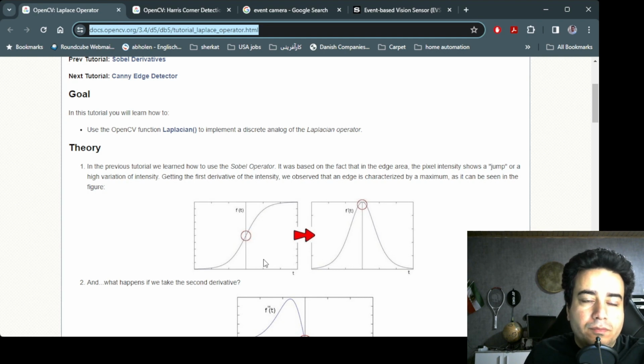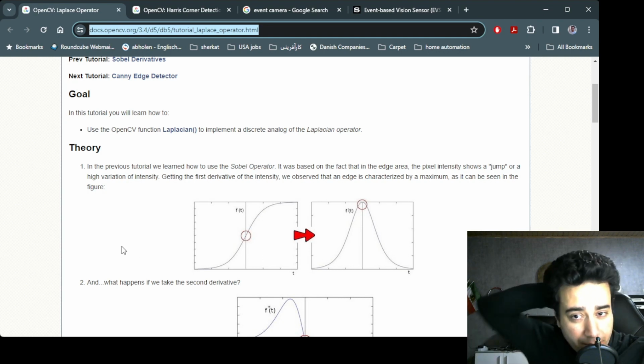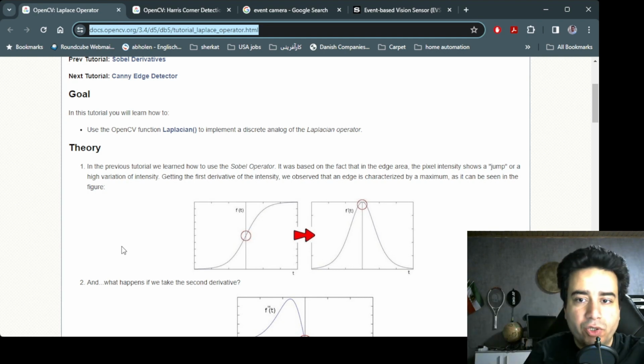So there are two steps. One, there's a function based on the variation of intensity, and from this variation of intensity we take a derivative.